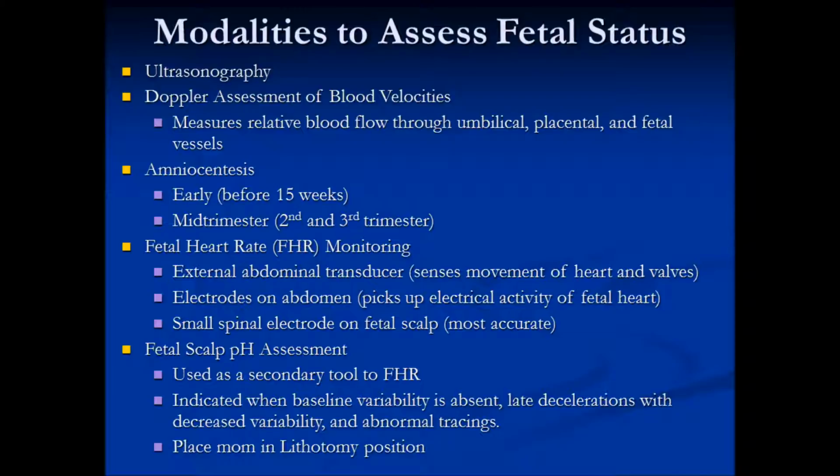So the fetal scalp pH is useful only in the presence of abnormal fetal heart rate tracings, because a normal tracing indicates a healthy infant in most cases. So again, you do not use this in and of itself. You use this in conjunction with the fetal heart rate.